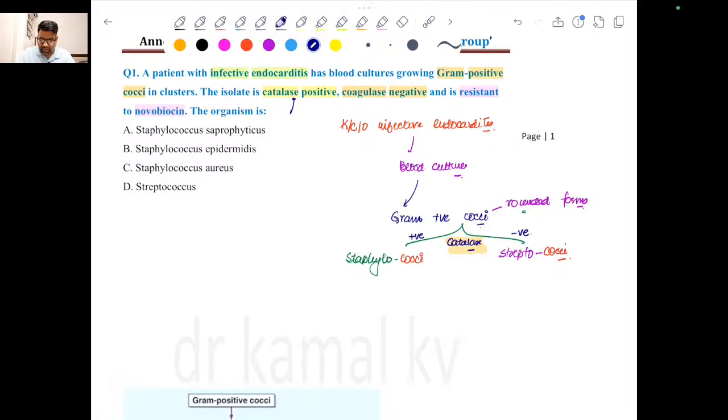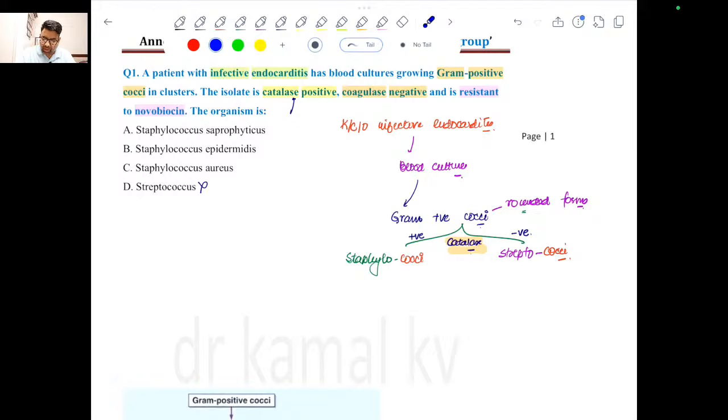So we can rule out one thing, that okay, this is not streptococcus. Now we have to search in terms of staphylococci, but looking at the options, A is also staphylococcus, B is also staphylococcus, C is also staphylococcus. Now how to differentiate amongst these three?